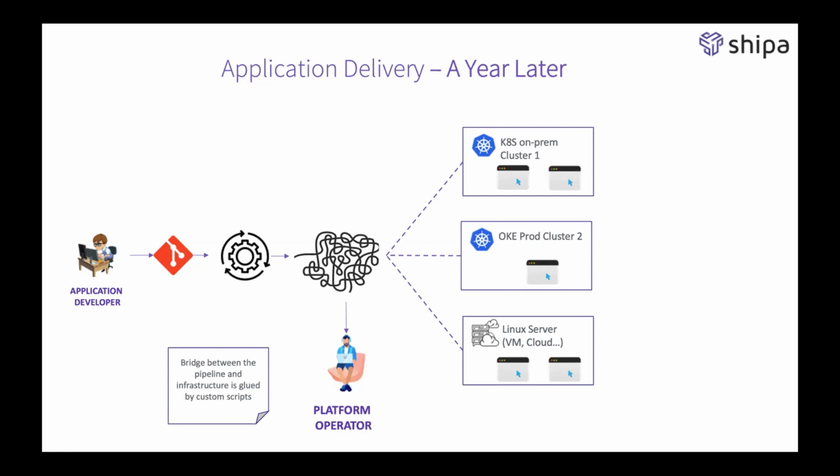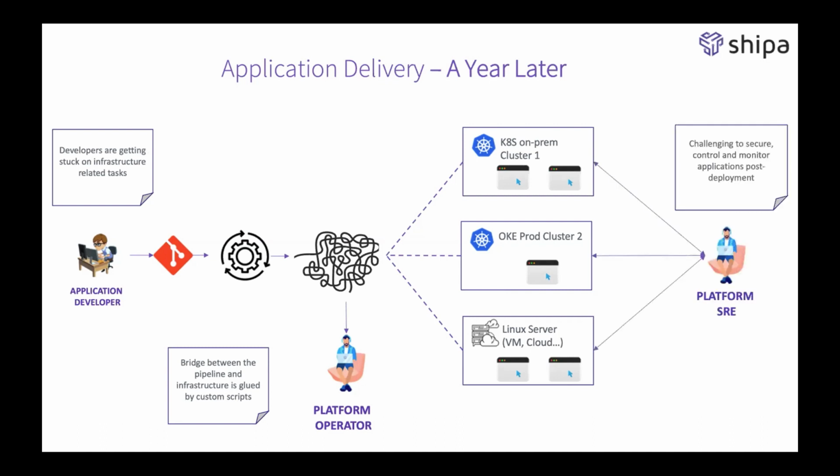this becomes more and more complex. And what was supposed to be a neat in-house platform is now a complete mess of YAML files, Terraform scripts, Helm charts, etc., etc. And there's a lot of people involved. And every time you're adding new applications, it's just getting more and more unmanageable. Developers are getting stuck with infrastructure-related tasks.